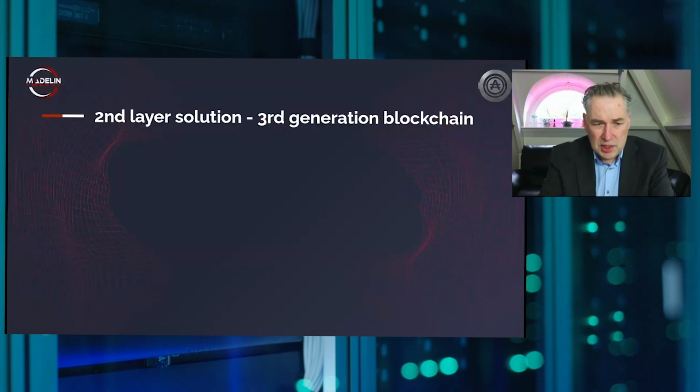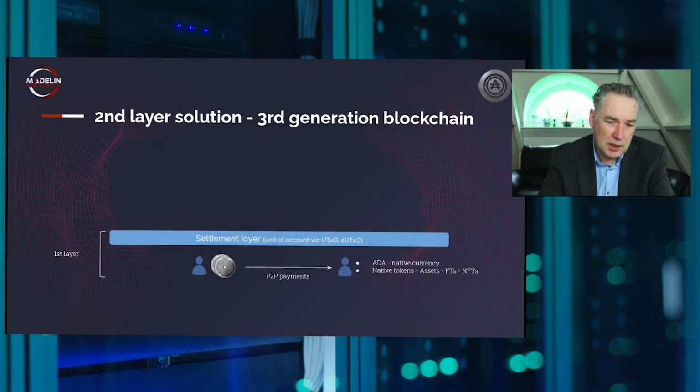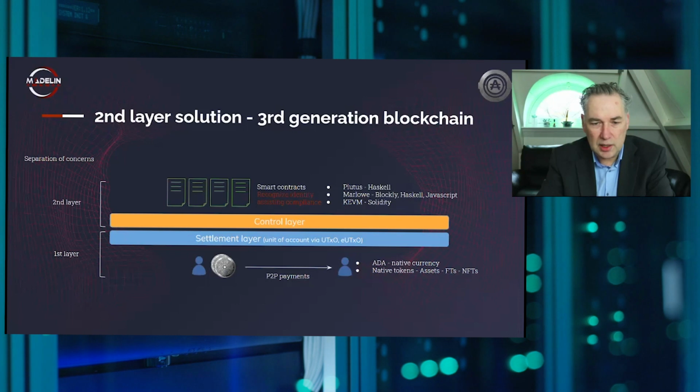Cardano is basically a second layer solution and a third generation blockchain. The most significant difference is that there's a separation between the unit of account, or settlement layer, where the payments are made, and the smart contract layer, or the control layer.